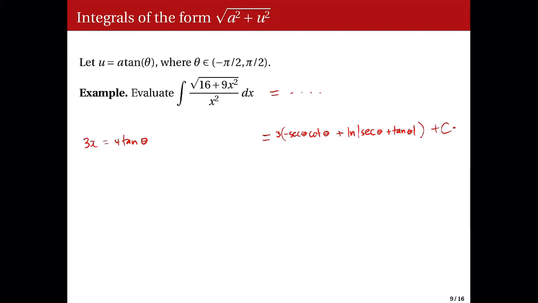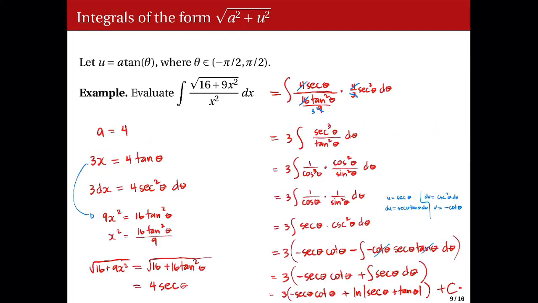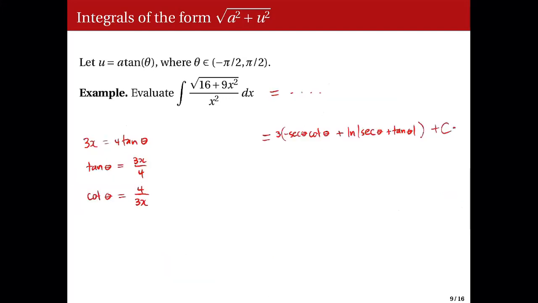Cotangent theta we can easily get, because tangent theta equals 3x over 4, and the reciprocal will be the cotangent. So cotangent theta is 4 over 3x. And from this slide, we can easily get secant theta: it's just this divided by 4. So secant theta is equal to the square root of 16 plus 9x squared over 4.